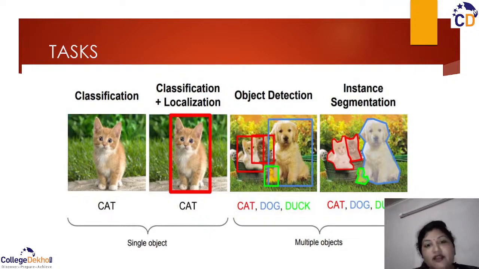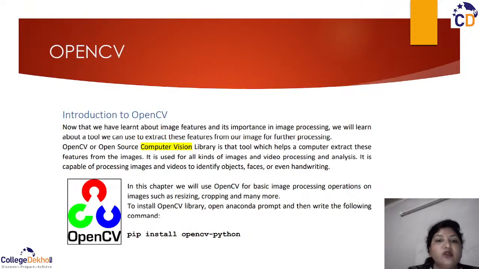Whenever we have visual information that needs to be identified, we need to recognize some objects, and a computer is able to see those objects from an image through computer vision. We are going to implement it with the help of the CV library, that is OpenCV.